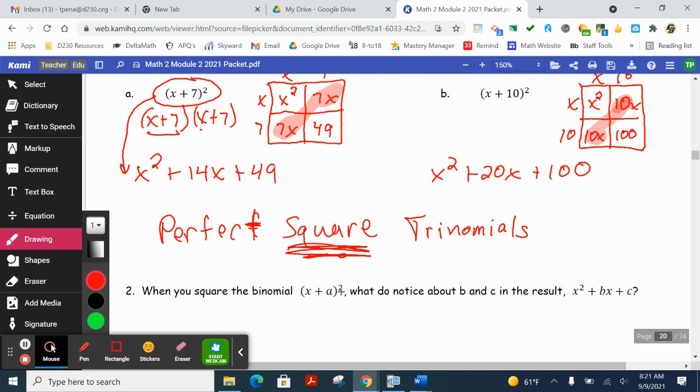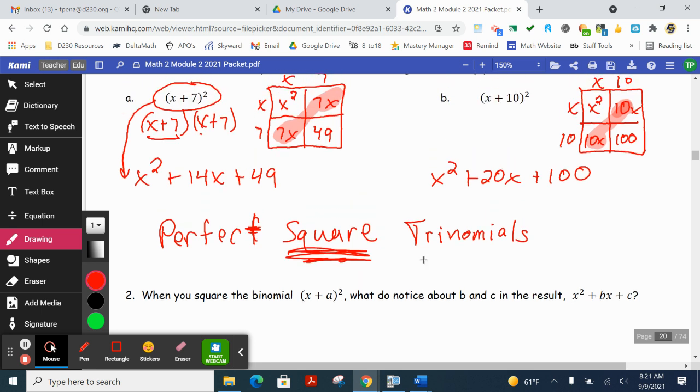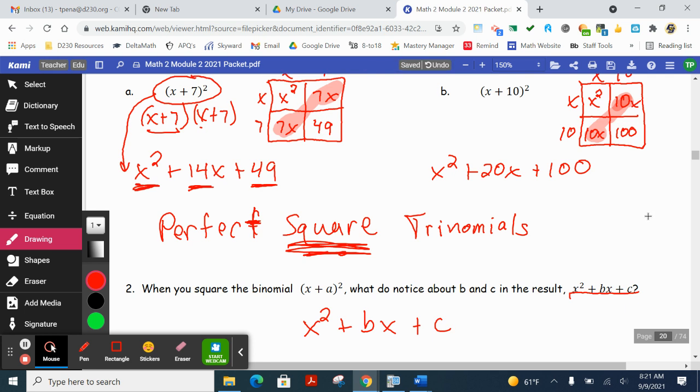So in number 2, it says when you square that binomial, what do you notice about the b and the c to give you this? So if I gave you x squared, and then bx was a 14 in this problem, and then plus our constant, which is the 49 in this problem. How could we get those quickly without doing our area model?